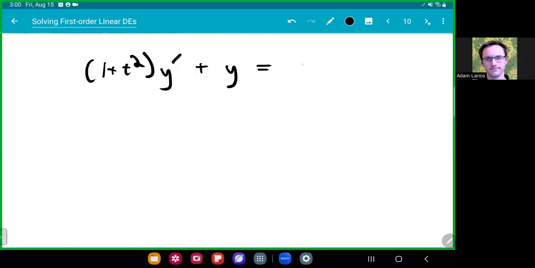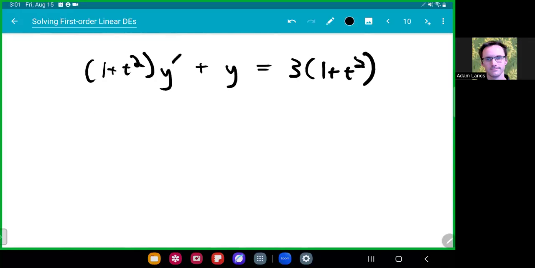Let's just put a 3 over here for now. All right. Let's see how that goes. So, okay, I'm sorry, let me put a 3 times 1 plus t squared. There we go. Excuse me. Just to illustrate the technique.